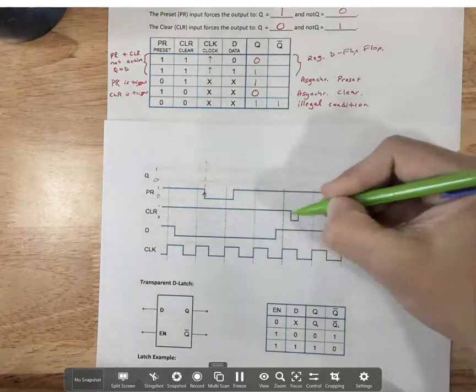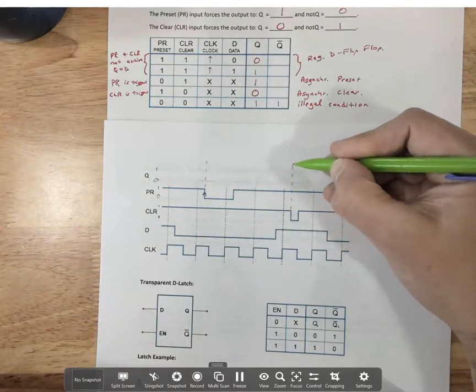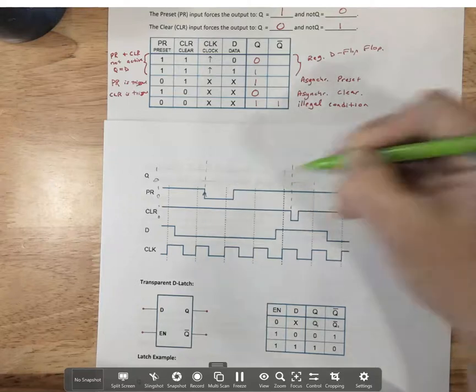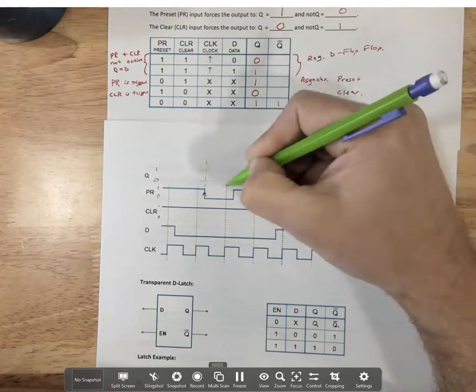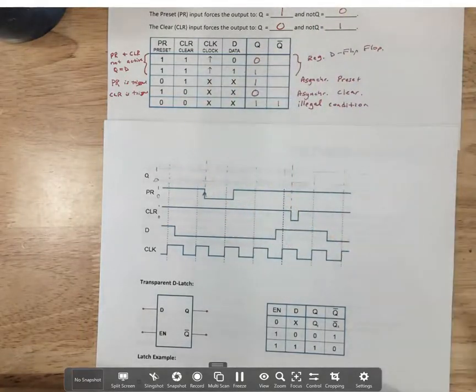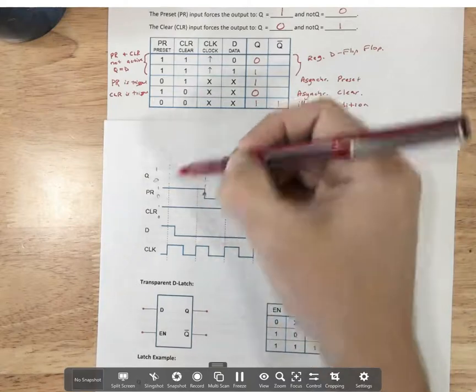Clear gets triggered right here, so that's going to be a spot that I care about. And we don't really know what this was beforehand. I guess we'll just start it right on this line.